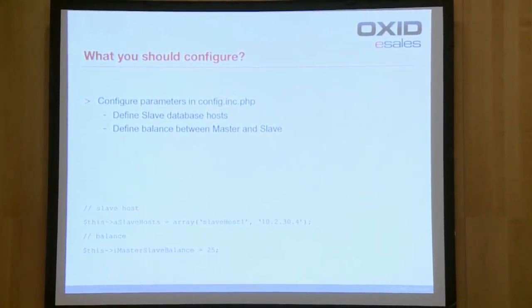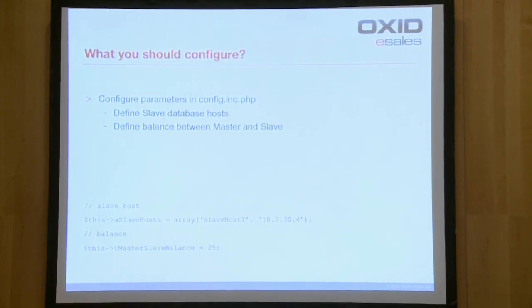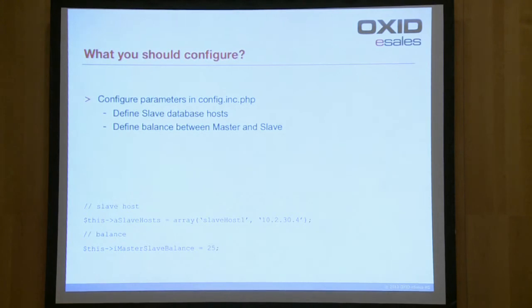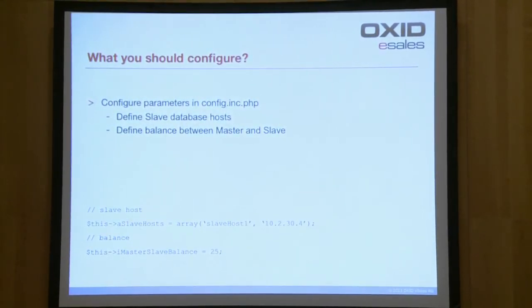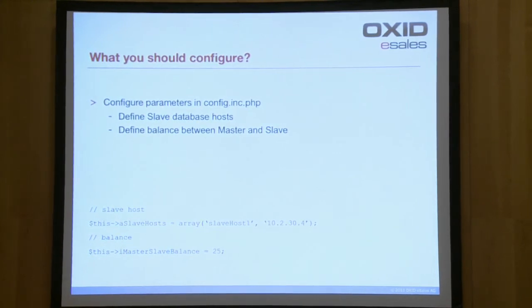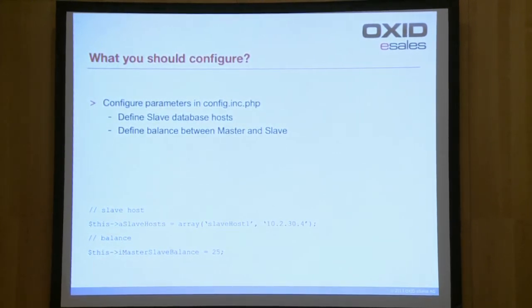And the second one is an optional parameter. It's a balance between master and slave. What is this? In some cases, you do not need a lot of slaves. One is just enough.